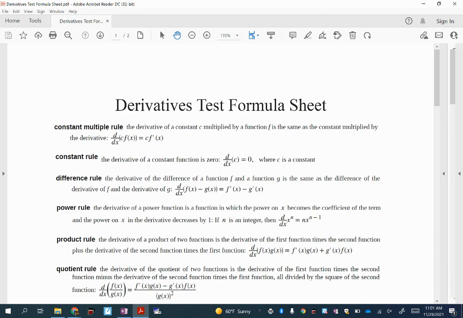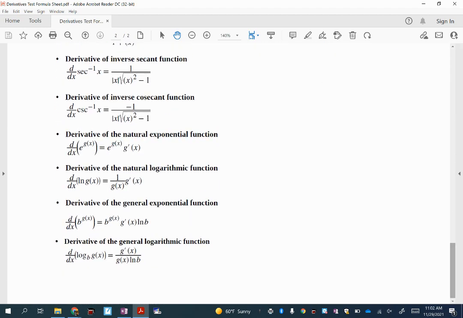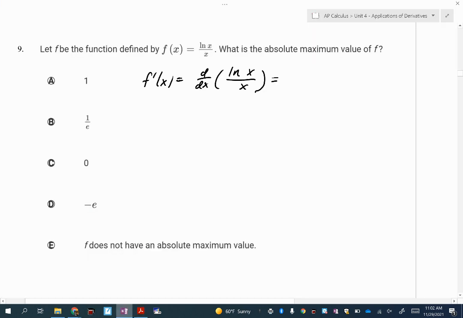Because I do have to take the derivative of the natural log of x, which you'll see here. The derivative of the natural log function is 1 over whatever your argument is times the derivative of that argument. In this case, the argument is x, so it's 1 over x times the derivative of x, but that's just 1.